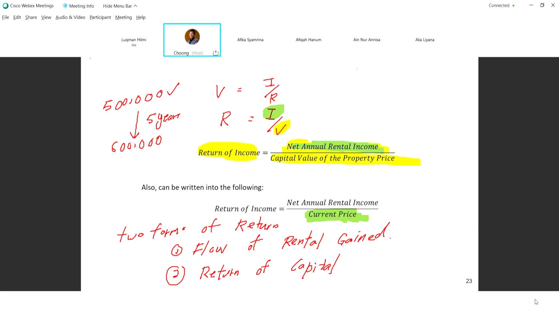Right. So there are two forms of return. One is that your rental, you will get rentals every year. Second is that your capital after some time.